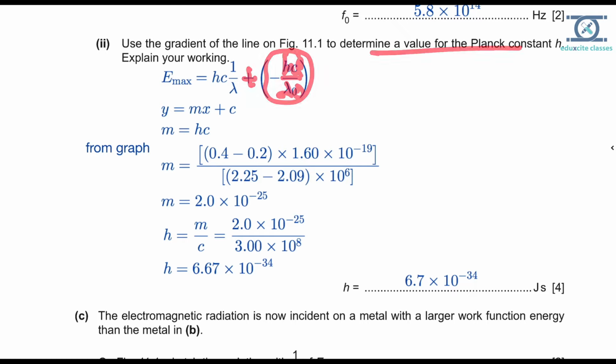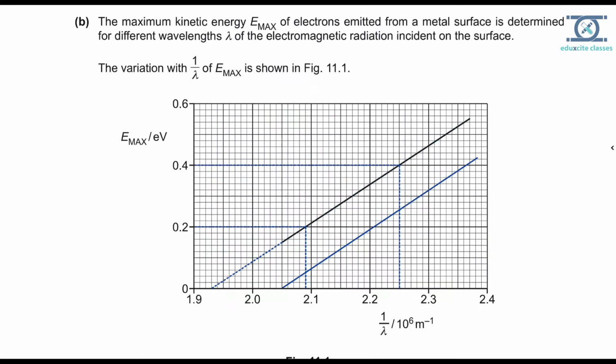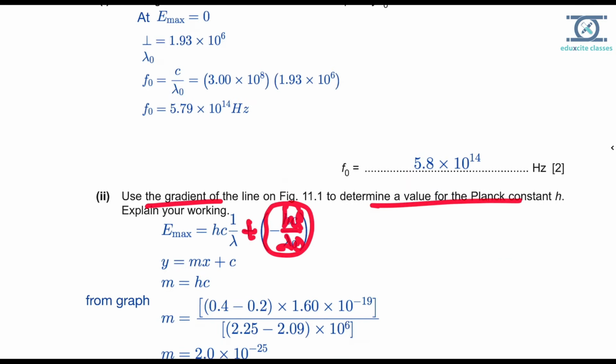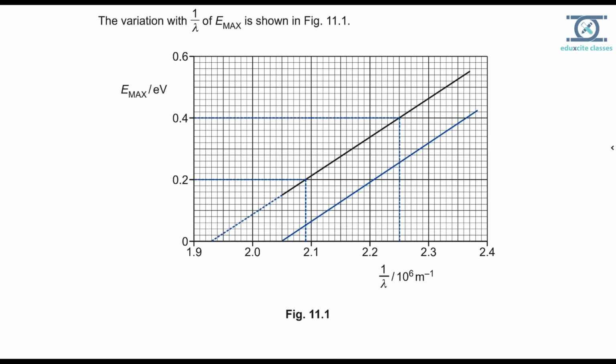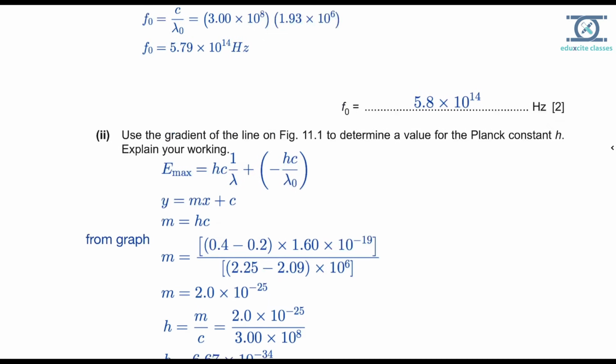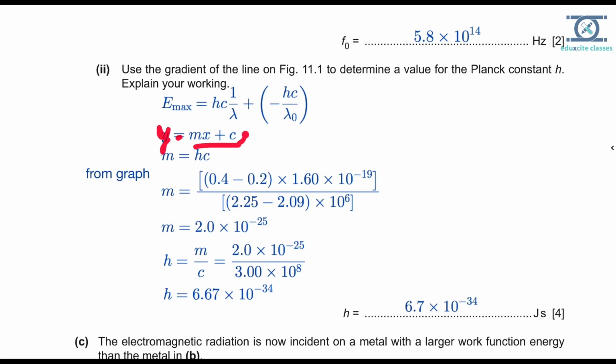Using the gradient, we can say y equals mx plus c. Okay, so the gradient, I have taken these 2 points, one this point and one this point, using the graph. So y equals mx plus c, y is E max.